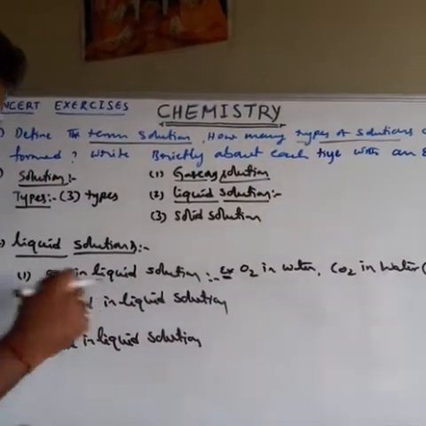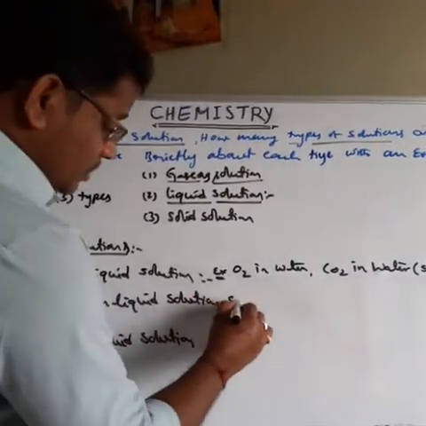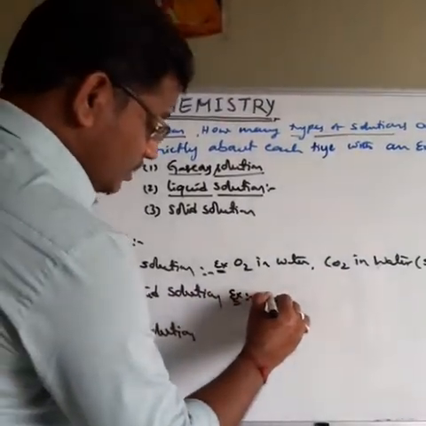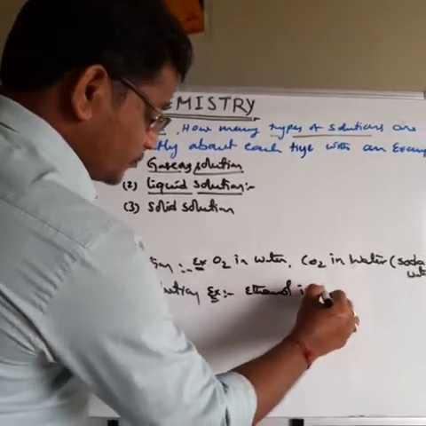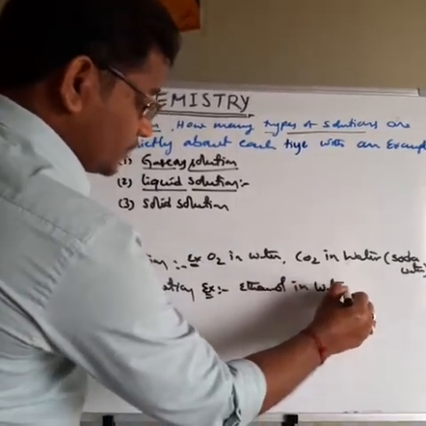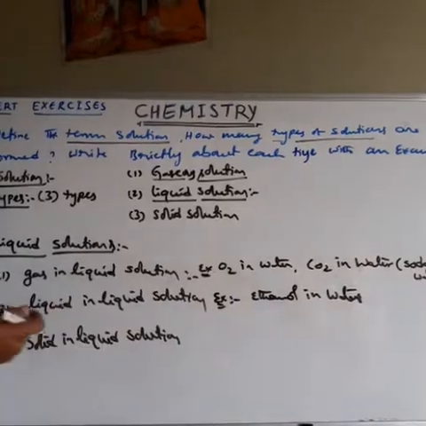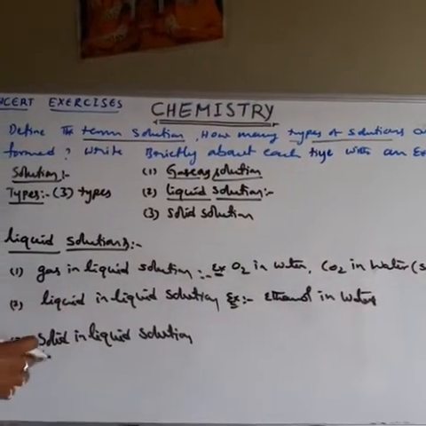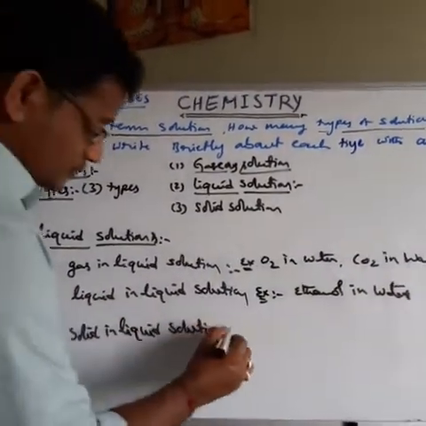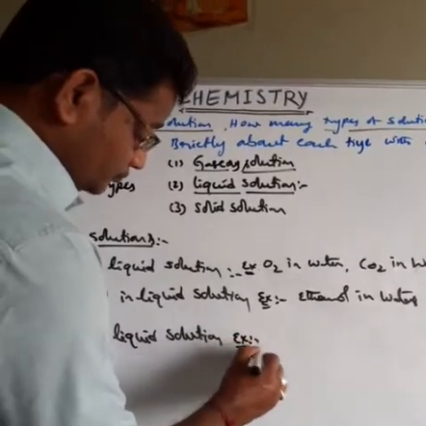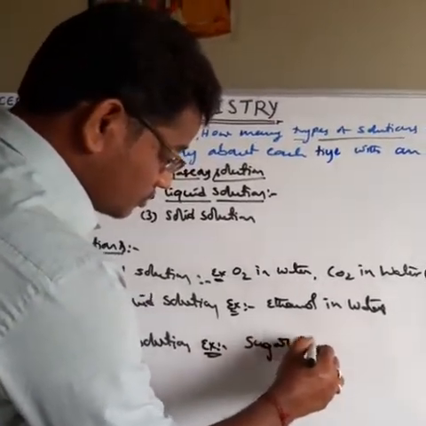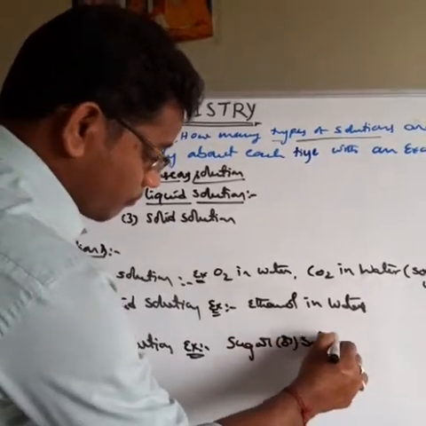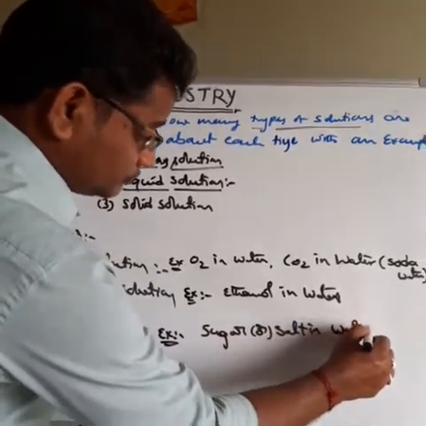Next, liquid in liquid type solution: alcohol, meaning ethanol, dissolved in water. Next, solid in liquid type solutions: sugar or salt in water.